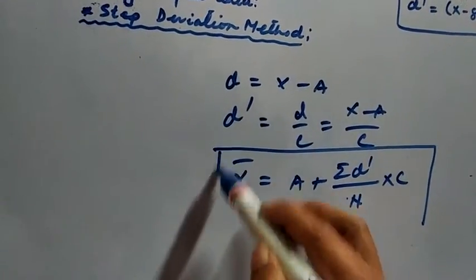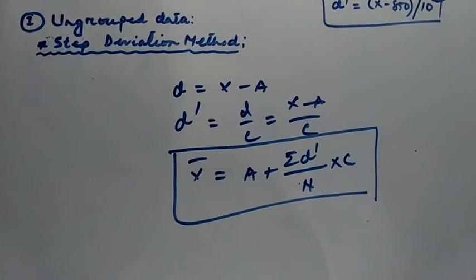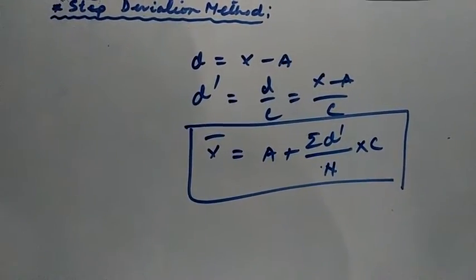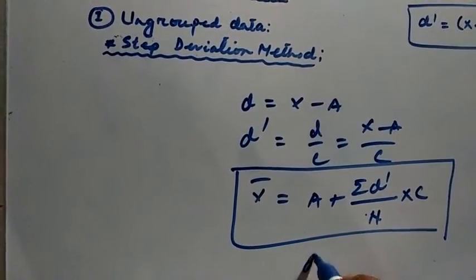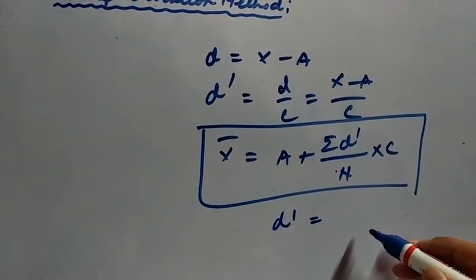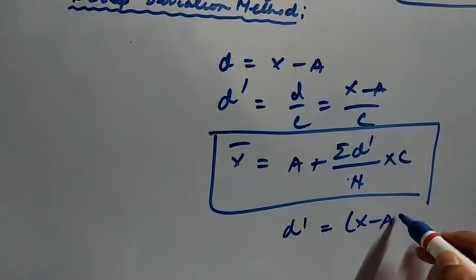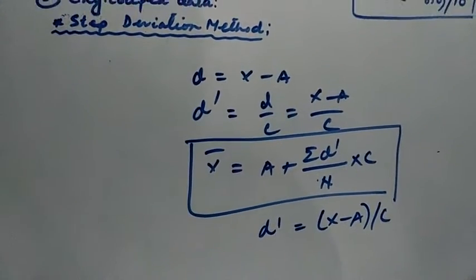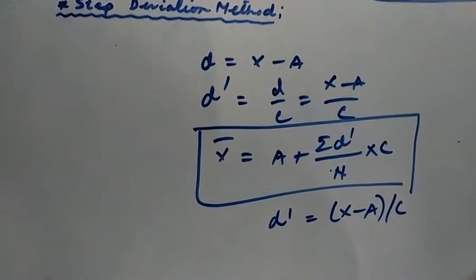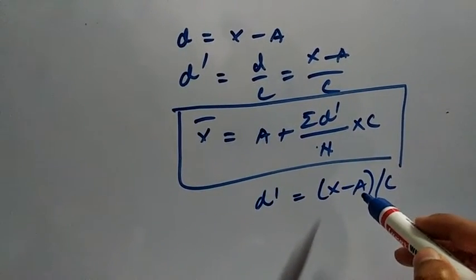This is the formula for the step deviation method, where d dash is x minus A divided by the common factor, C is the common factor, and A is the assumed mean.